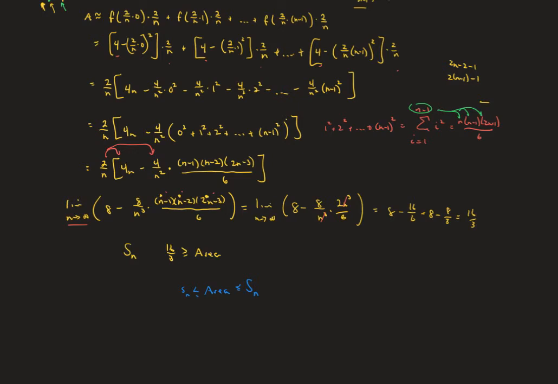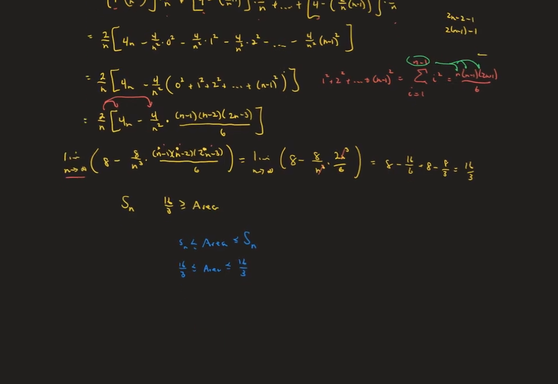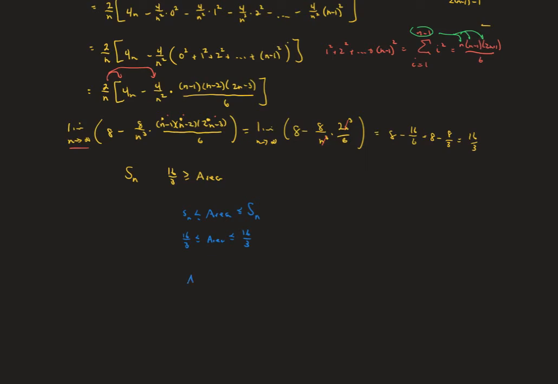But as n goes to infinity, we're getting 16/3 is less than or equal to the area, which is less than or equal to 16/3. I think the only reasonable conclusion is that our area is actually 16/3.